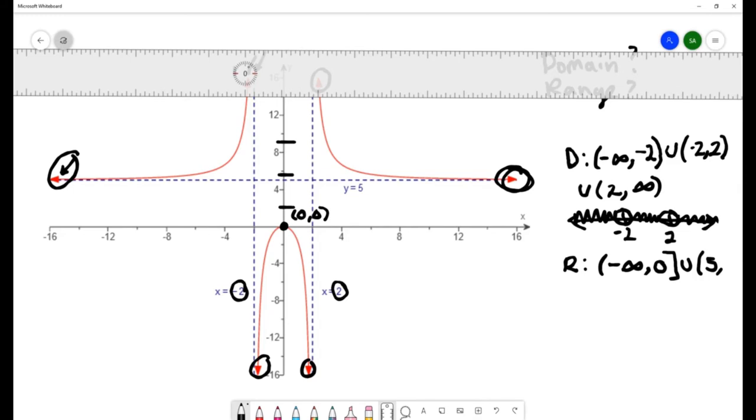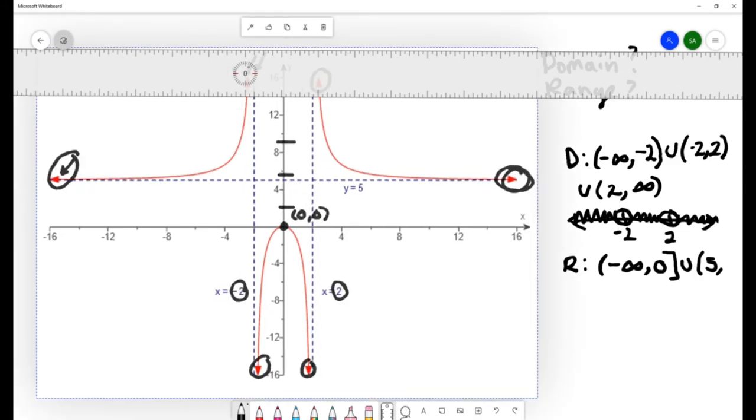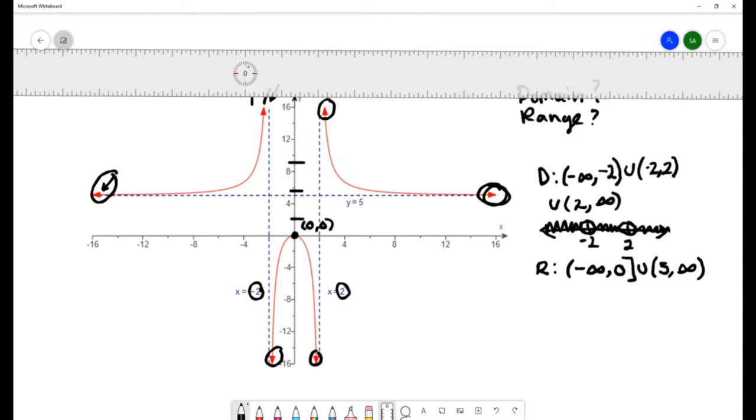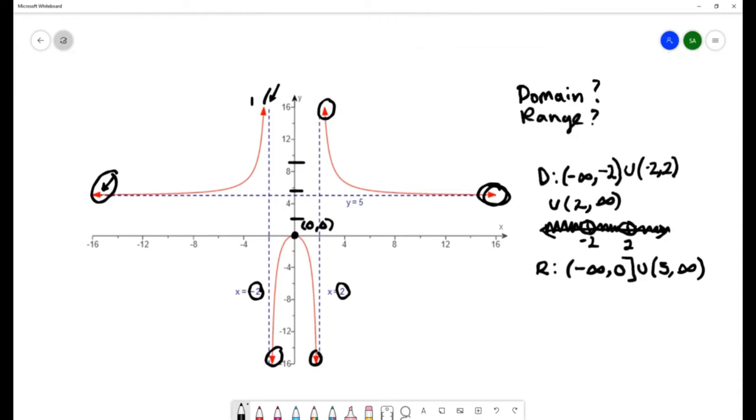I guess it really doesn't stop because infinity means it goes on forever, but that's how we're going to write the notation. So we have the range being from -infinity to 0, including 0, union with 5 to infinity.